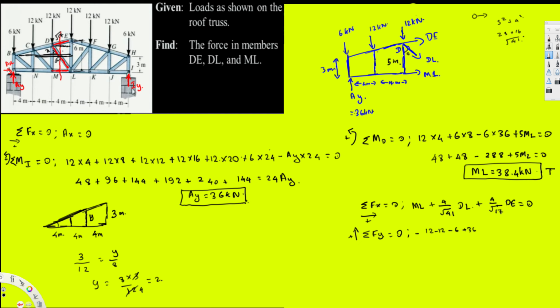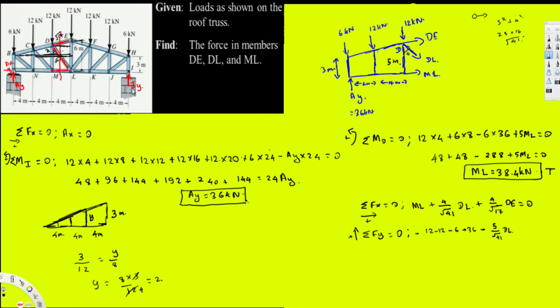Then mL is not going to come because it's a horizontal component. dL is going to be cos theta, but it's going to be negative. dL cos theta means adjacent over hypotenuse. Adjacent, we already know it's 5, and hypotenuse we found out that's root 41, so 5 over root 41 dL.